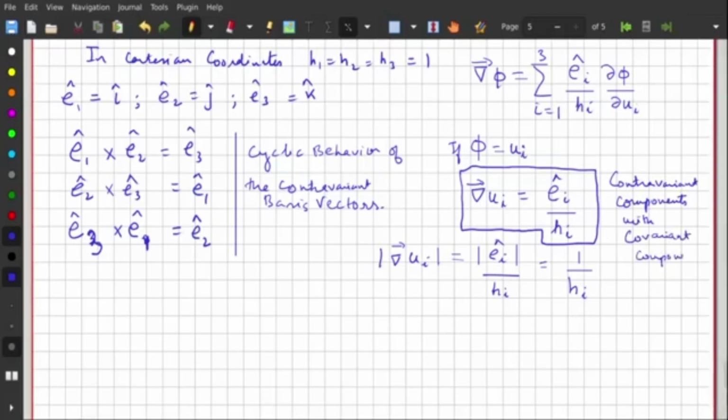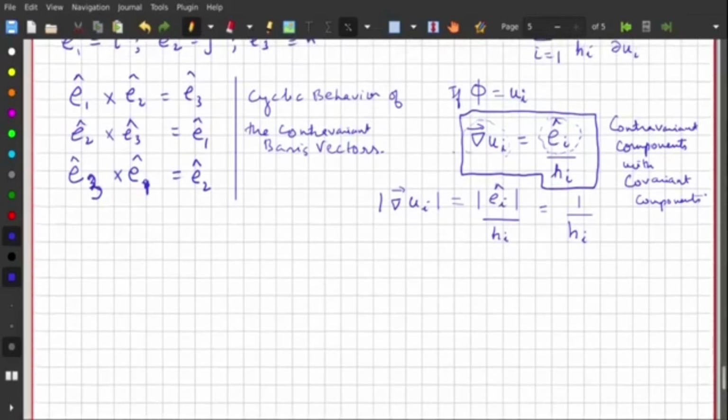Because if you see the right hand side, e sub i, this represents the contravariant basis, but the grad u_i, this is the normal component, so this represents the covariant basis. Okay, so let's keep in mind this identity. This will become very handy as we develop further ideas.